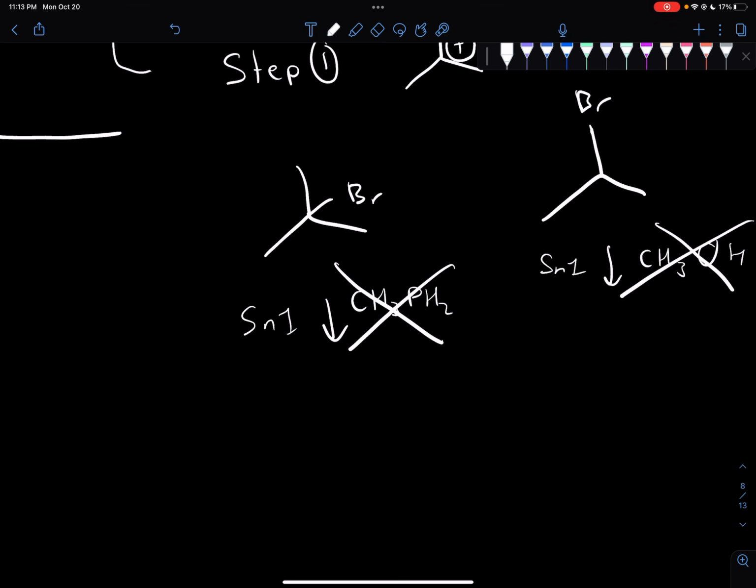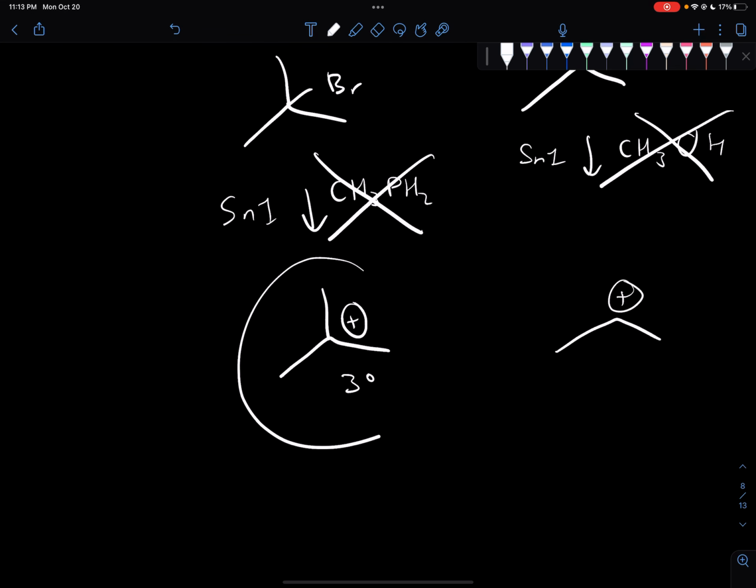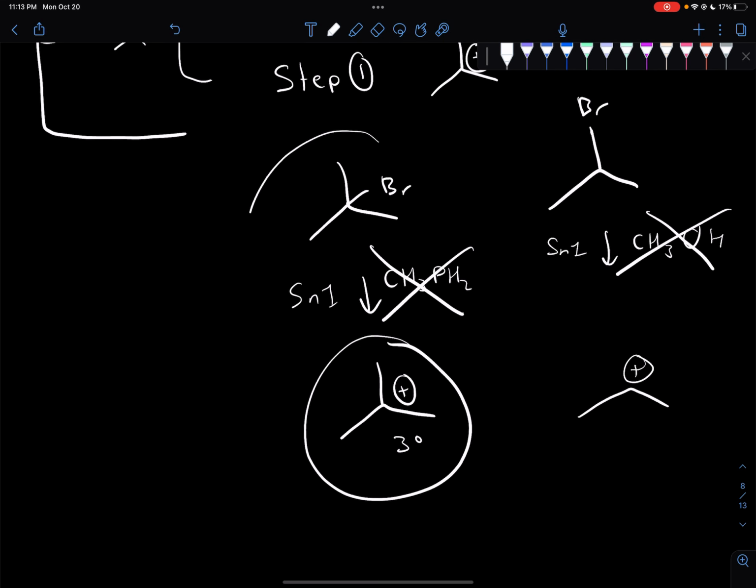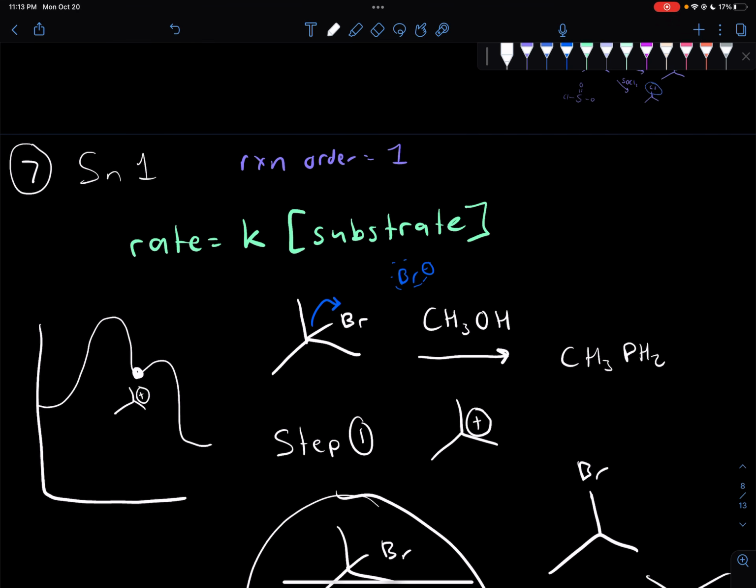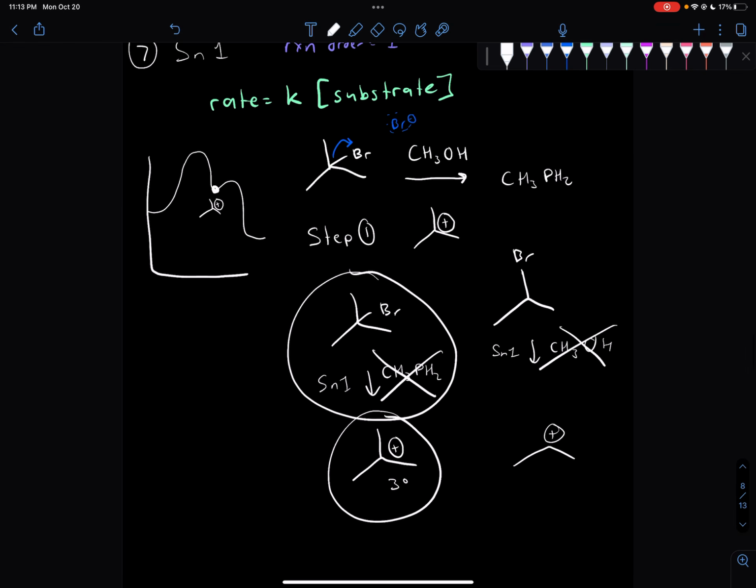What I will look at is the substrate. I form a carbocation on the tertiary position for the first one, and for the second one, secondary. Which one is more stable? Tertiary is more stable. So as a result, I know this reaction will occur faster because, once again, your rate is determined by the substrate. The more stable your intermediate is, the faster it can be achieved and the faster your overall reaction occurs. Definitely very, very important to know.